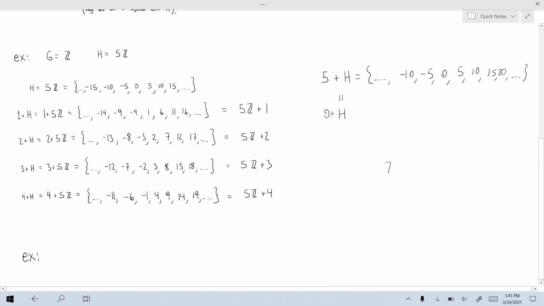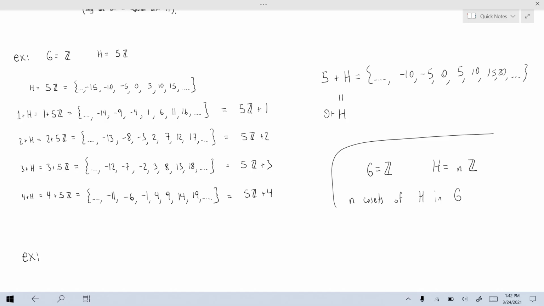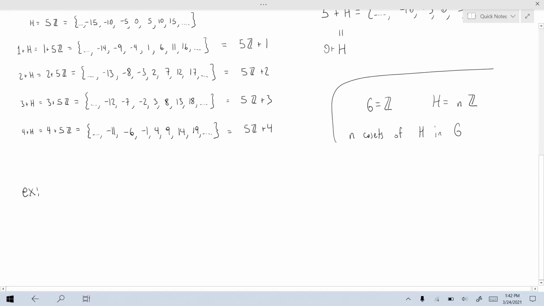If you consider just the integers in general, and then if you take the subgroup consisting of all multiples of n, you would find that there are n cosets of H in G. Analogous to how in this example for the subgroup 5Z, I found 5 distinct cosets. Okay? All right.